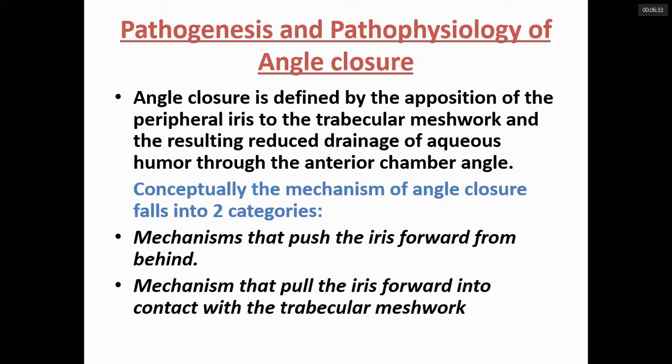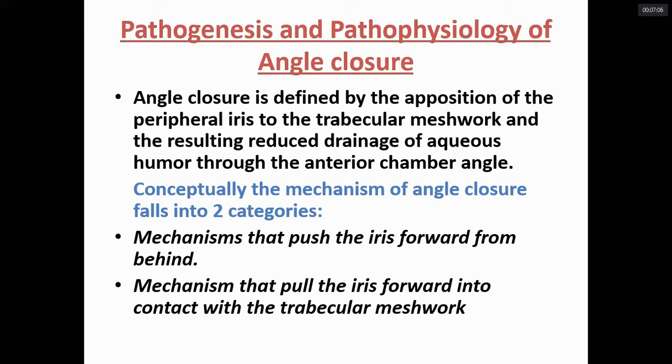So in angle closure, there is apposition of the peripheral iris to the trabecular meshwork. The drainage of the aqueous is reduced, so the posterior chamber pressure is higher, leading to more pushing of the peripheral iris anteriorly. Conceptually, the mechanism of angle closure is described in two categories: mechanisms that push the iris forward from behind, and mechanisms that pull the iris forward into contact with the trabecular meshwork.